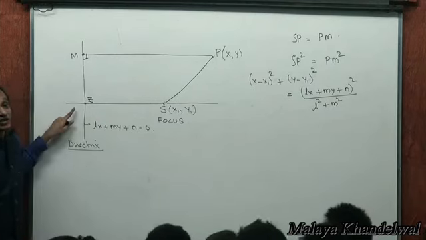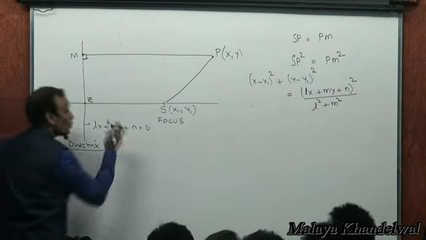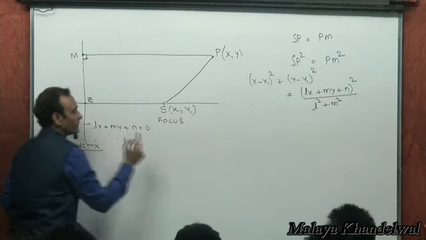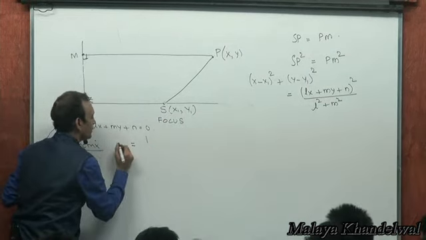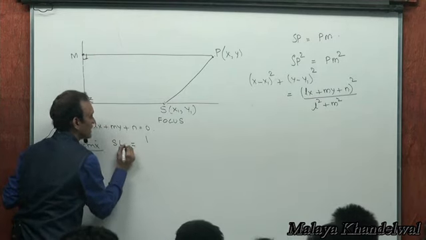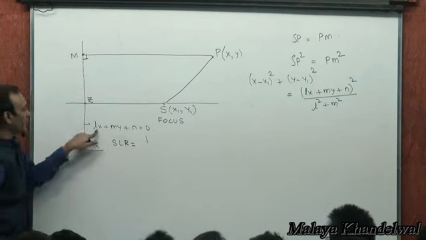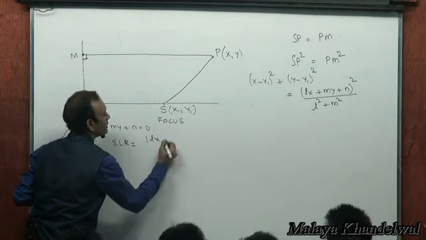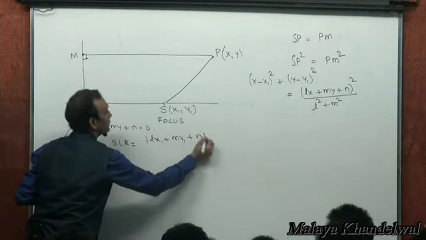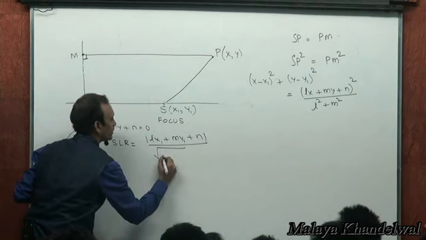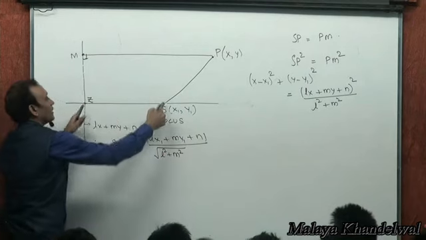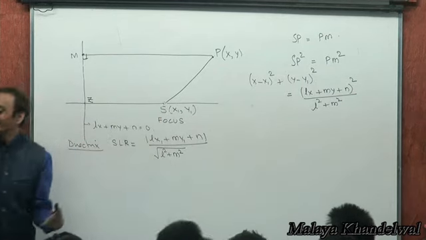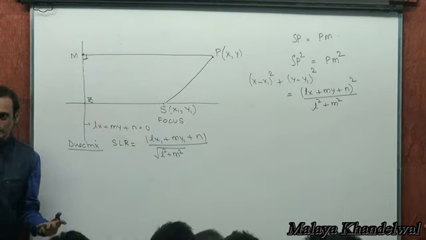Distance of focus from the directrix would be the semi-latus rectum. So the semi-latus rectum, SLR, I am not using L because L has been consumed here, is the distance of x1, y1 from this line. So semi-latus rectum would be mod of (Lx1 plus My1 plus N) divided by root of L squared plus M squared. This length is the semi-latus rectum. So twice of this would be the latus rectum of the parabola, right? Yes or no?